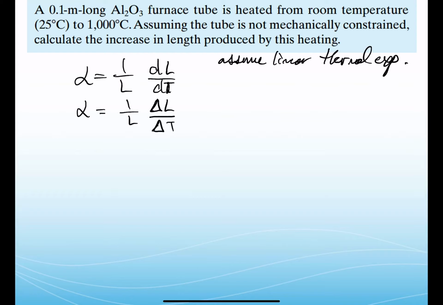In other words, we have to solve for delta L. So delta L is equal to alpha L delta T. We'll need some additional information that was provided on the previous slide: the alpha value for alumina.